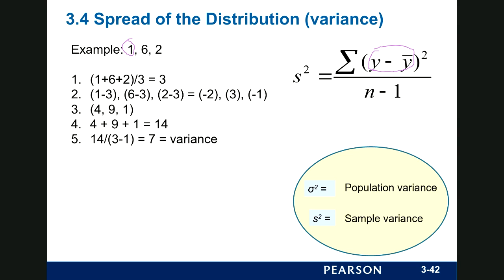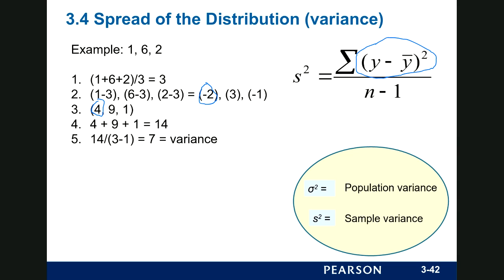The third observation, which is 2, minus the mean. And then I have -2, 3, and -1. Next step is to get the squares, whatever is in the parentheses squared. So that would be -2 squared, which is 4, 3 squared, which is 9, -1 squared, which is 1.